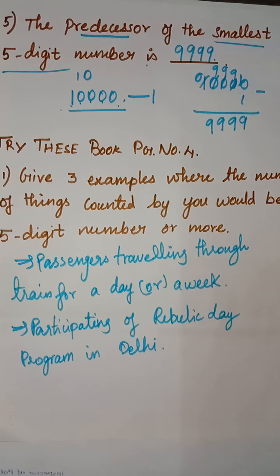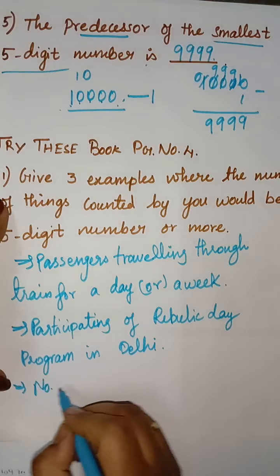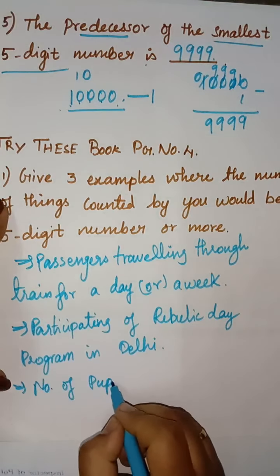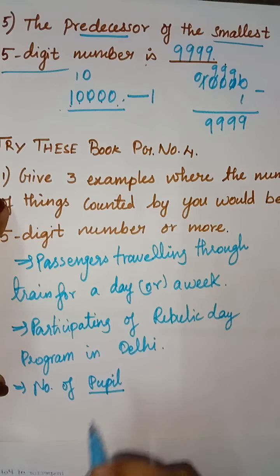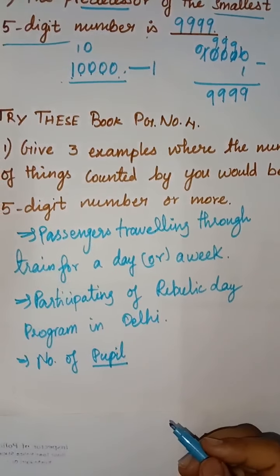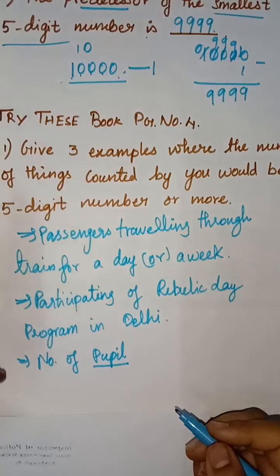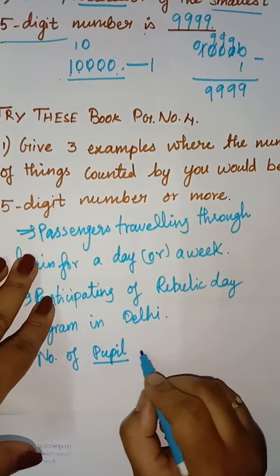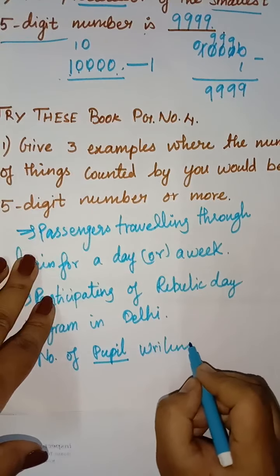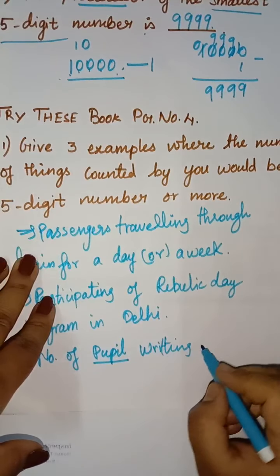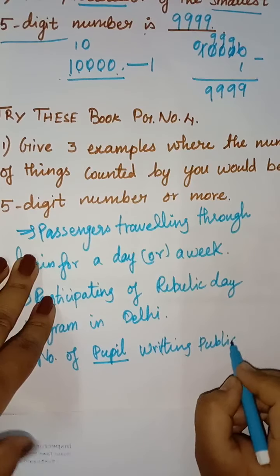The next example is the number of pupils. Pupil means children here. So the number of children writing public exams.